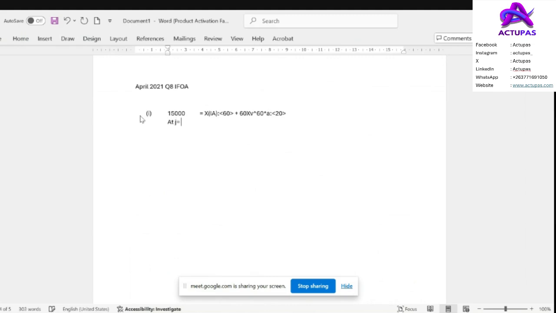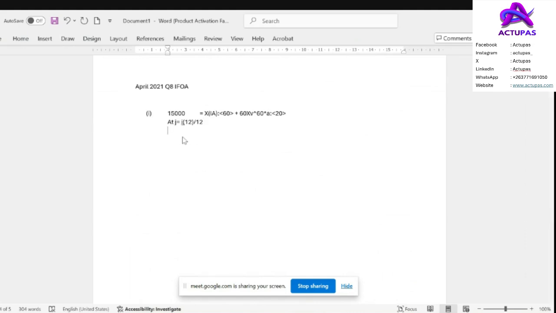At J is equal to our interest rate. This would be i^(12) over 12. This would be our interest rate that we will be working with.